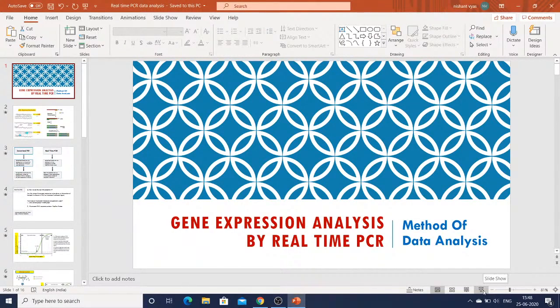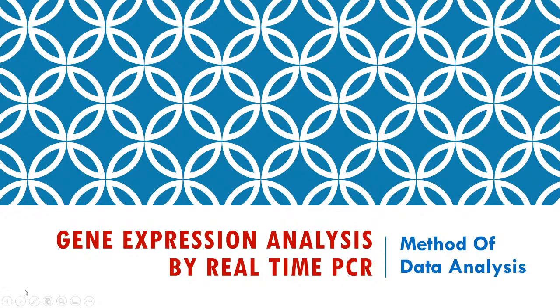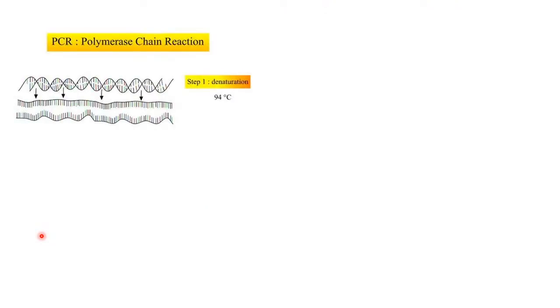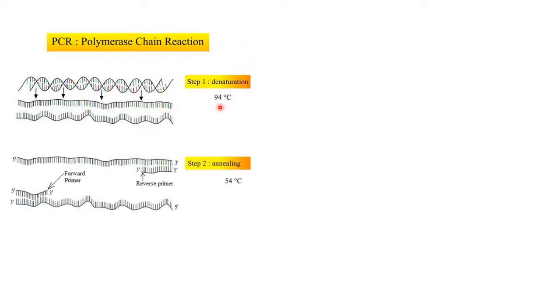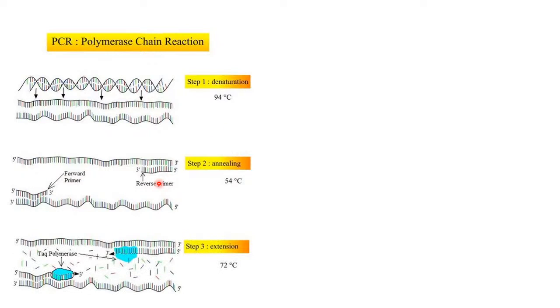Most of you are aware of the normal PCR, I think, so I will not go into the details of the steps of PCR. In PCR, you take a DNA molecule, you denature it at 94 degrees, and then you use two primers, a forward primer and a reverse primer. Then at 72 degrees, you do the extension.